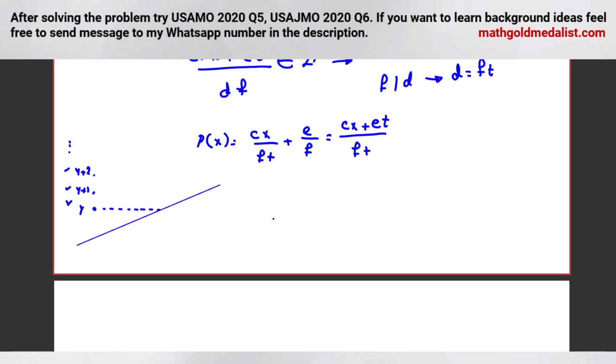So let's do something. Let's write it again: C over D x plus E over F. For one x, it will be y, right?